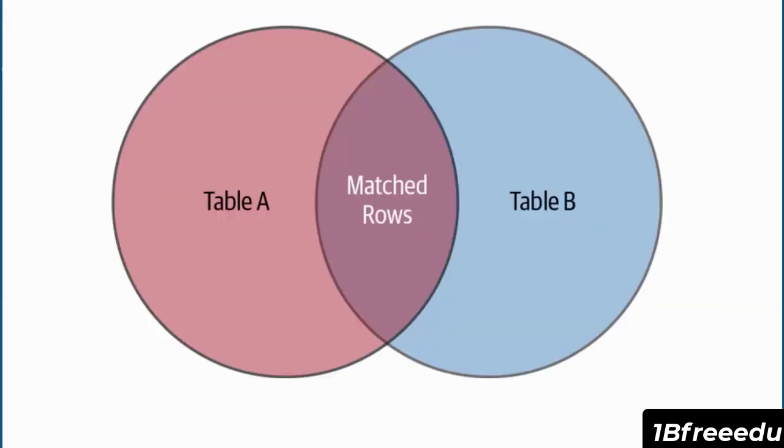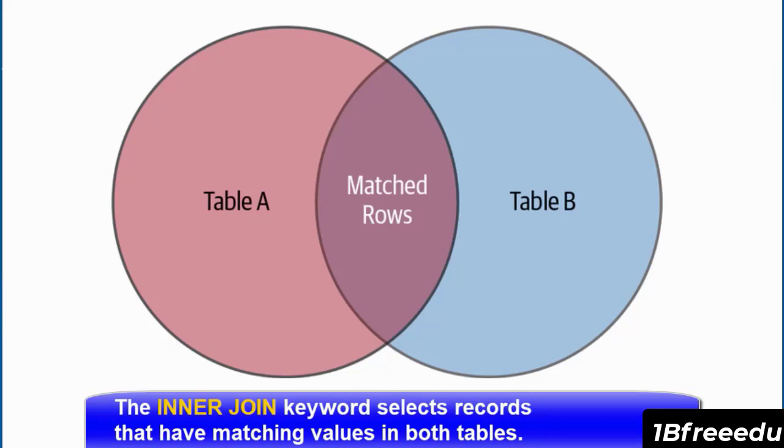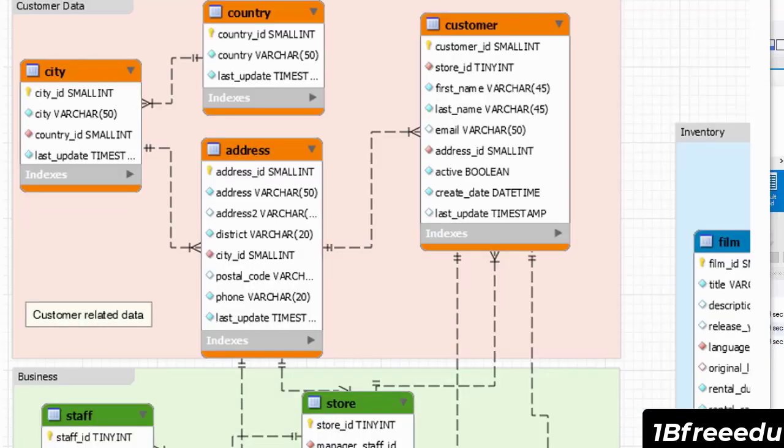The type of table join we are going to perform with our query is called an inner join. With an inner join, it selects the records that have matching values in both tables. To perform a table join between tables, there must be a relationship between the tables.